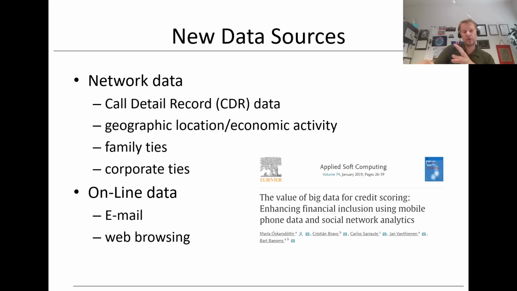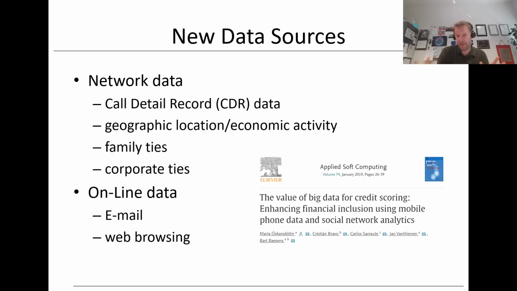You can also use network data by linking companies that are working in similar sectors, for example. By linking them based upon their economic activity, you can build a network and then leverage that for credit risk modeling. My former PhD student, Maria Oskarsdottir, together with my colleague Christian Bravo, has done some very exciting work on that, which we also cite in the paper.